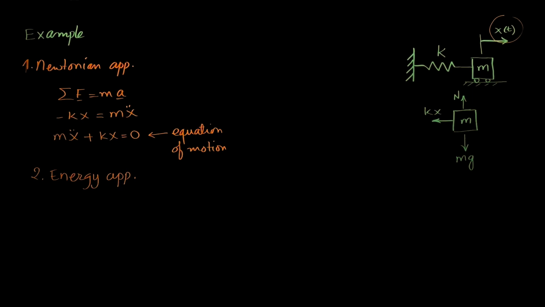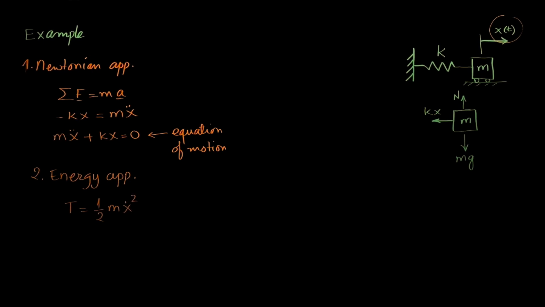For this system, the kinetic energy T is 1/2 mv squared, and the velocity in this case is the derivative of the motion, so that is x dot squared.